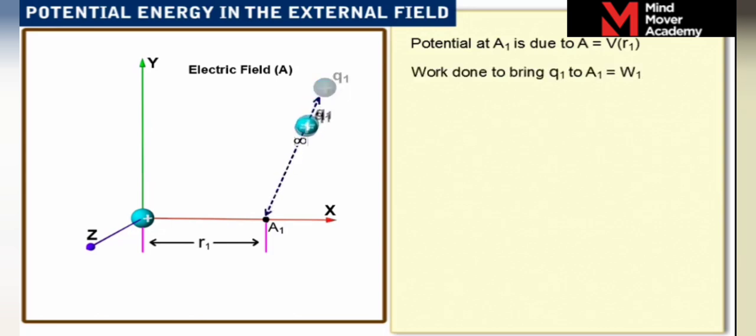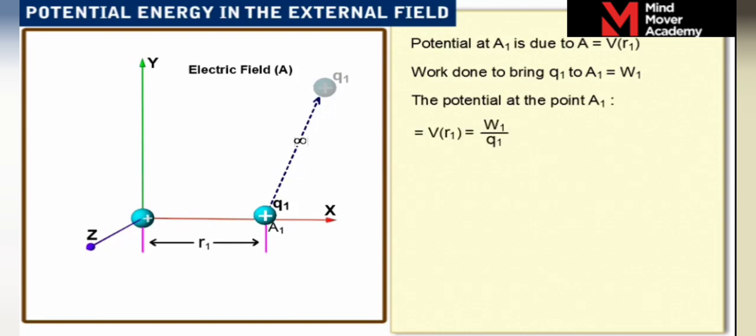If W1 is the work done to bring the charge Q1 from infinity to the point A1 in the external field, then the external electric potential at the point A1 is V1 equal to W1 by Q1. This implies that W1 equal to Q1 into V1.